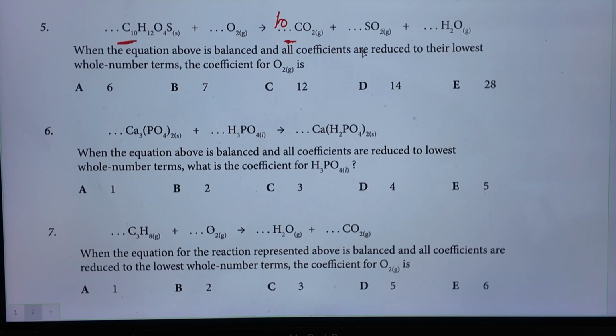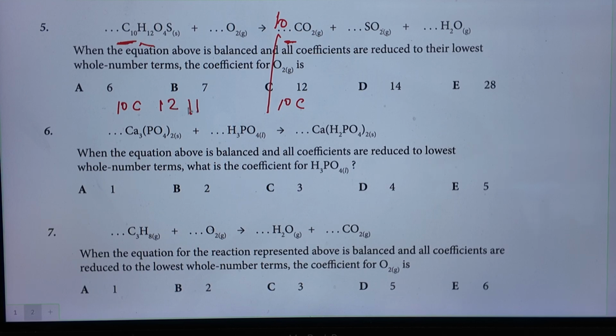But there's hydrogen here. There's 12 hydrogen here. Now I would do it as a list, but I don't have the space. There's 10 carbon here, and I have 10 carbon here, right? And then I have 12 hydrogen here, right?